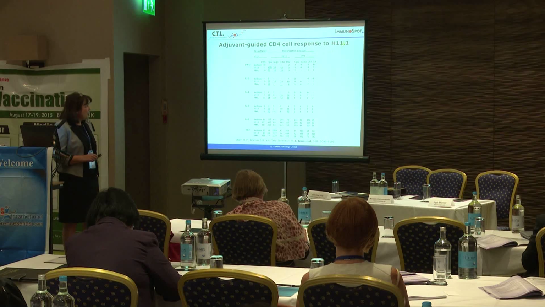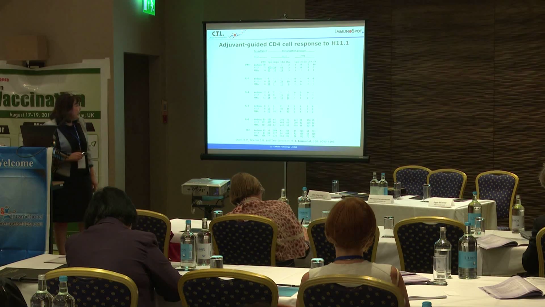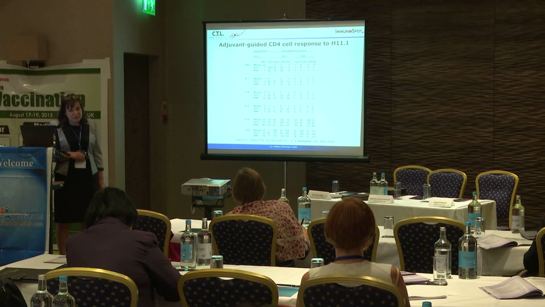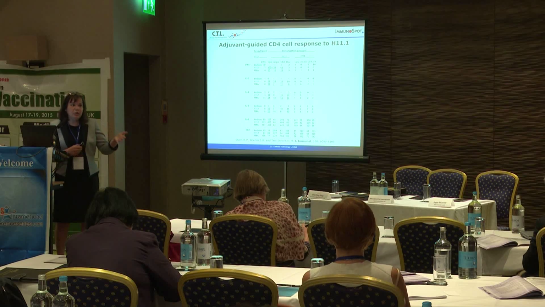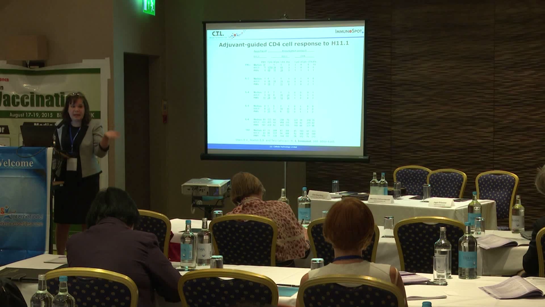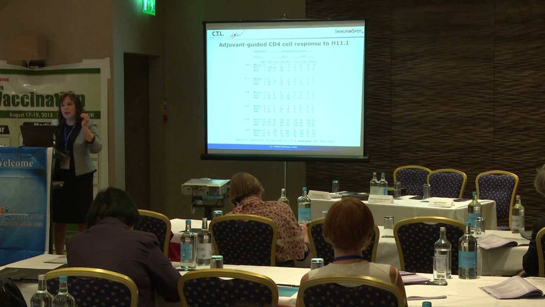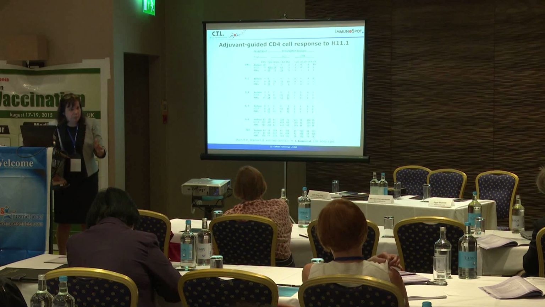So using H1.1 peptide, which is an 11-mer, a CD4 peptide, targeting cells, we looked at the diverse cytokine profiles to the tumor-specific antigen and the tumor non-specific antigen. We used model antigens as well, to differentiate between the antigen-specific response against a tumor antigen and the adjuvant-induced protection.